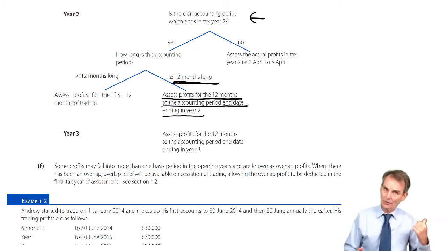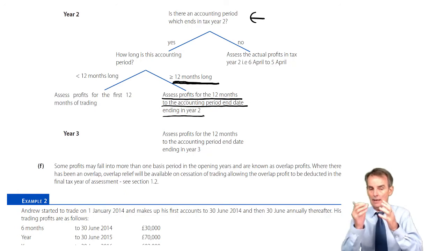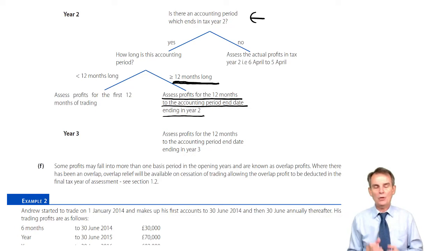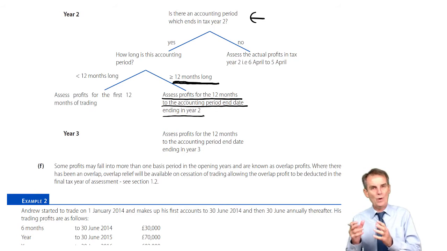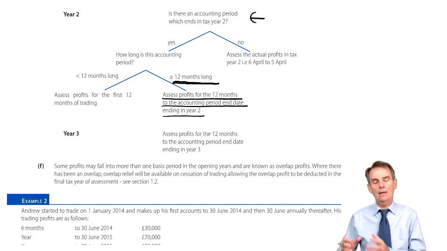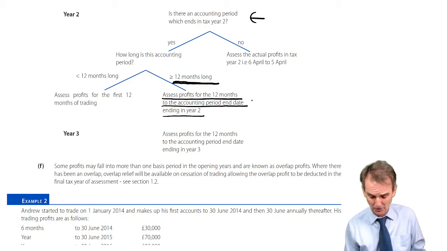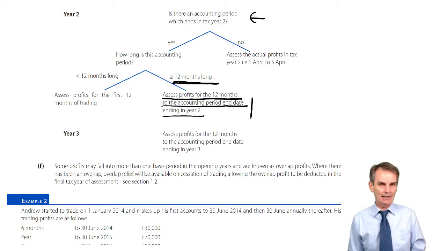Back in the first lesson where we had a short period ended in the second tax year, we took the profits of the first 12 months of trading. What we're now going to do when we have a long opening period that ends in that second tax year, one of more than 12 months, is take the last 12 months of that period, the 12 months to the accounting period end date ending in that year.